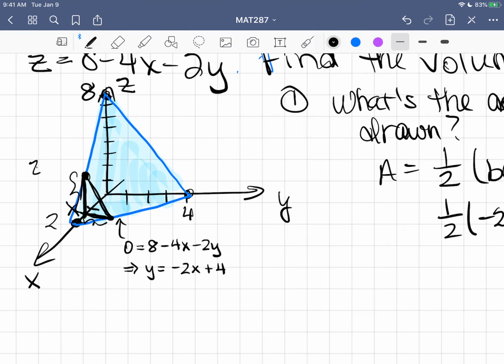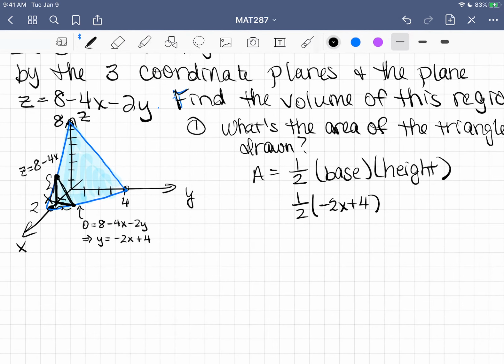So this is z equals 8 minus 4x. And so the height of that triangle is 8 minus 4x. Okay, now I know you can FOIL this out on your own, so I'm just going to jump to the answer for the sake of time. You're going to get 4x squared minus 16x plus 16. Now that's the area just of this triangle that we've drawn.